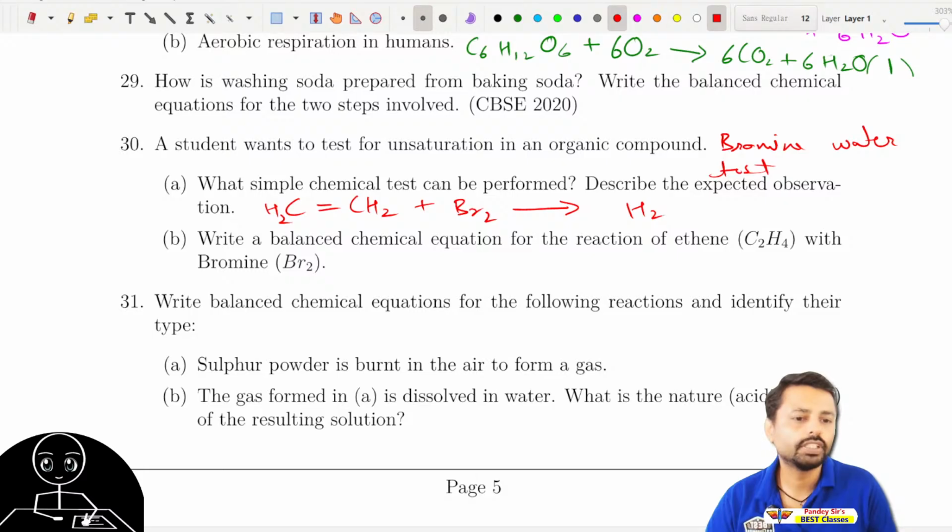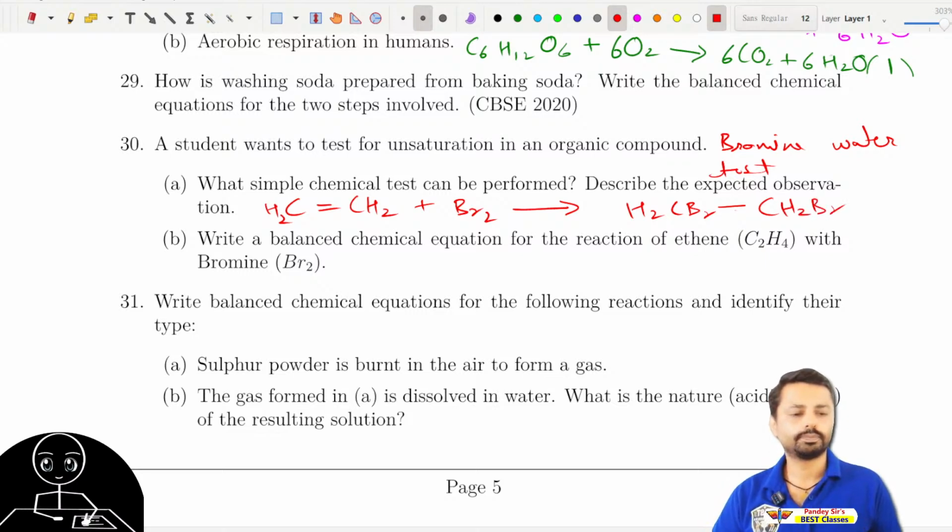So first I'll write simply H2C, Br, again bond, H2C, Br.